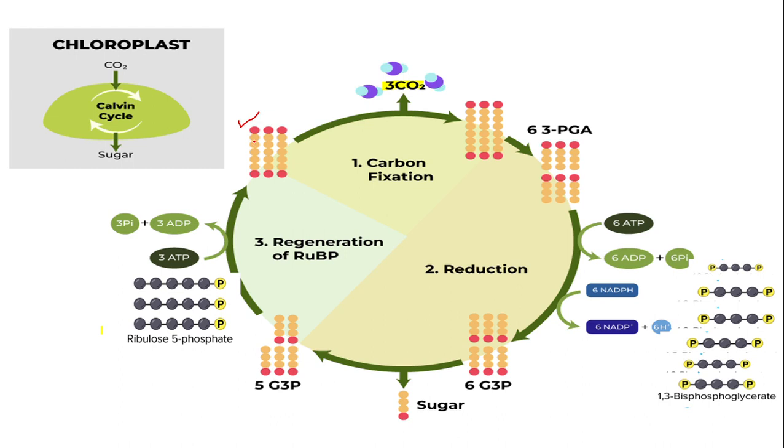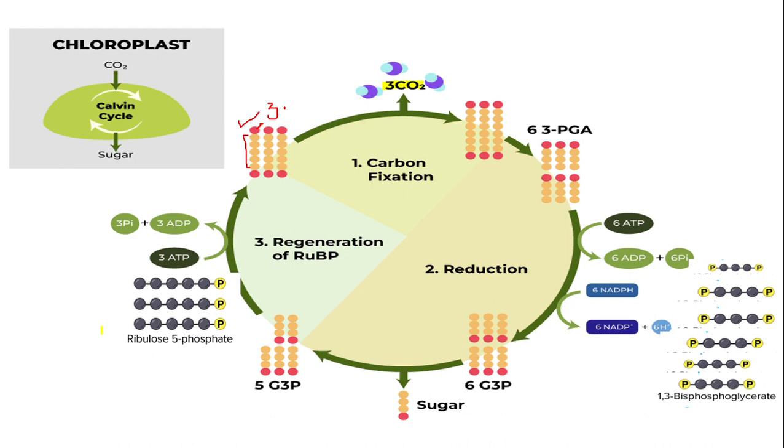Here these light colored circles are meant for carbon, and these pink circles are meant for the phosphate that is attached to it. So the 5 carbons are attached with 2 phosphate molecules at both ends, and each molecule is called ribulose bisphosphate, that is RuBP. So the 3 total molecules of RuBP will be used.